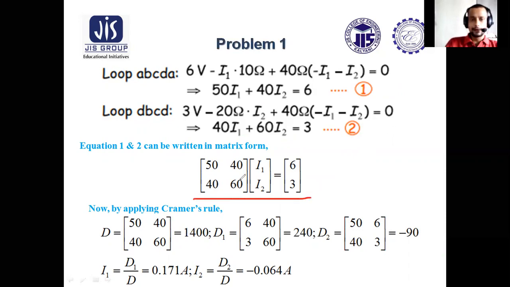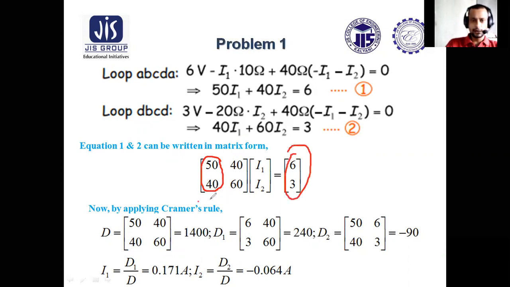Now what is the D matrix? As discussed earlier, this should be the D matrix. Now from this D matrix, 50 into 60, 3000, minus 40 into 40, 1600. So this determinant will be 1400. And how to get D1? While getting D1, this should be replaced by 6 and 3.